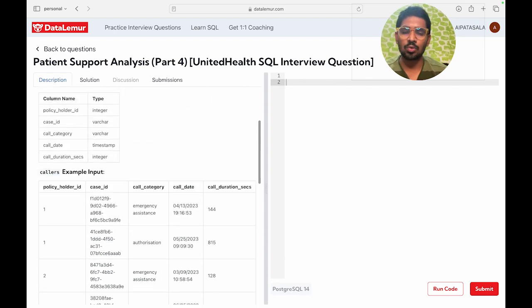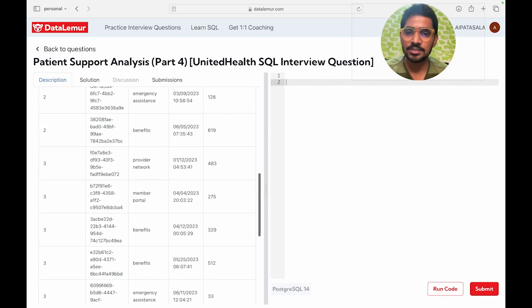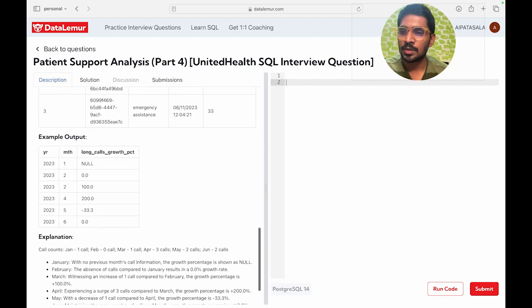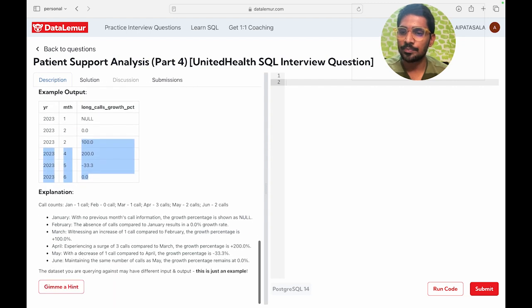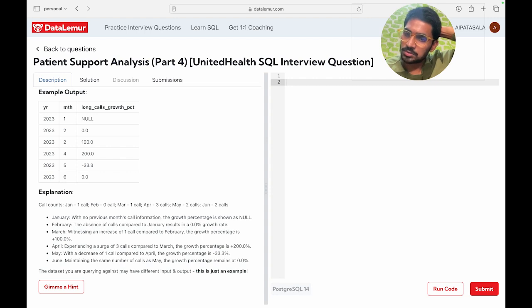So let us see how to calculate this growth percentage in the output table below. Call count: January 1 call, February 0 calls, March 1 call, April, okay, so there are call counts.